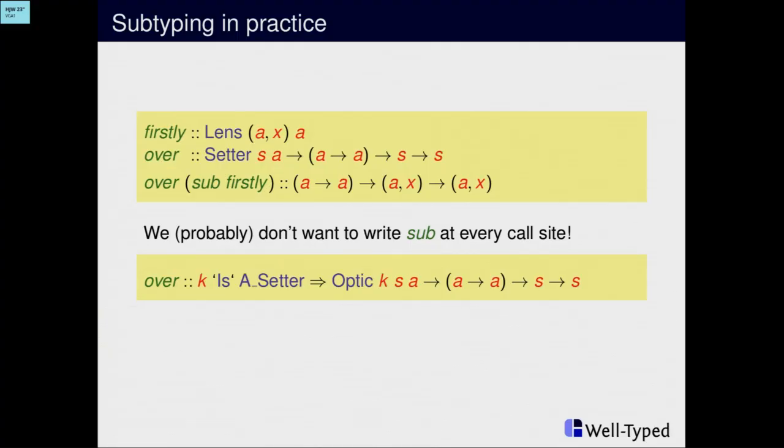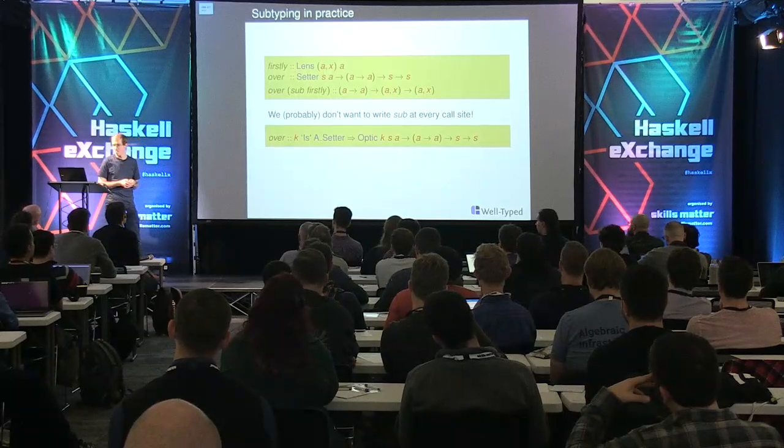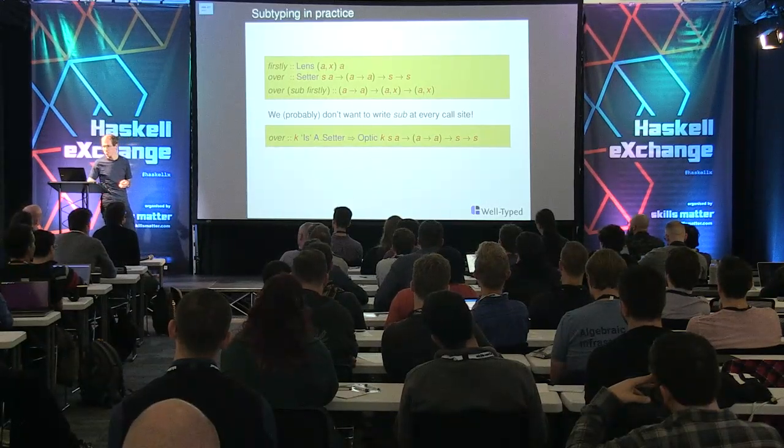And hopefully this expresses in a fairly natural way to a Haskell programmer what's going on with the polymorphism that over provides, and integrates the subtyping in a more familiar way to the Haskell class system. So we're being fairly explicit that this is the constraint that needs to be satisfied for over to be callable. And so I'm hoping that's fairly straightforward.